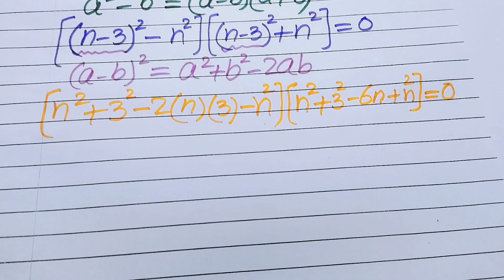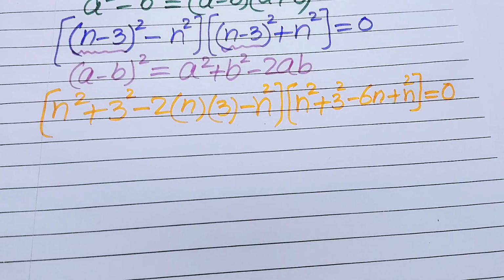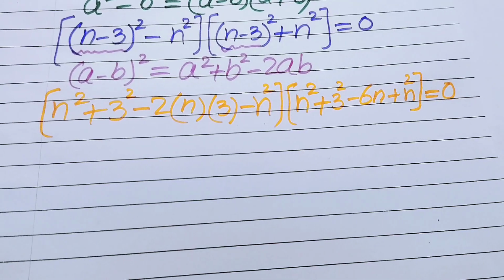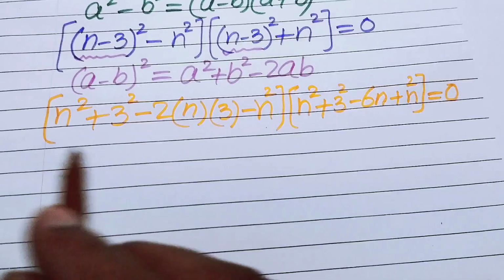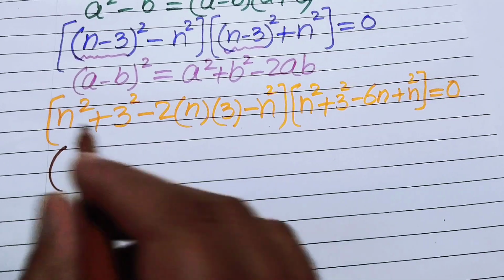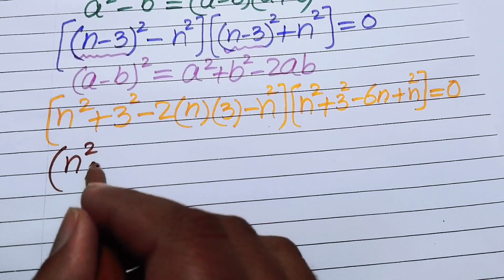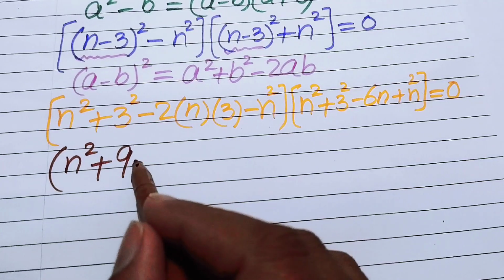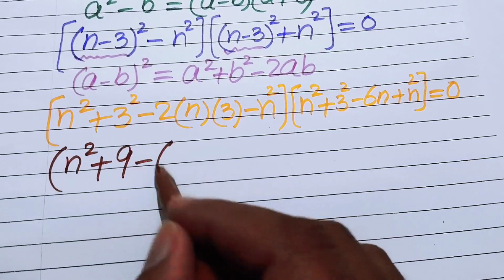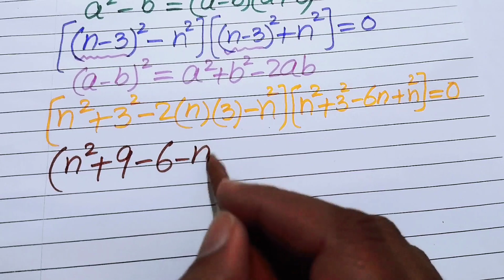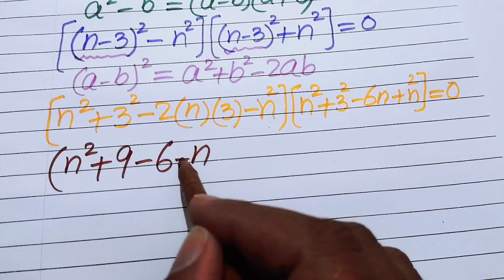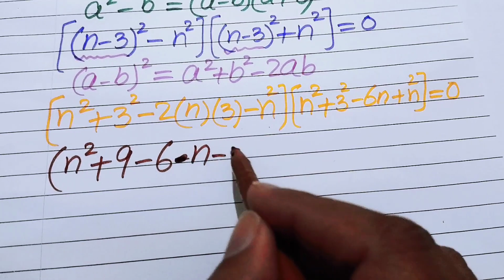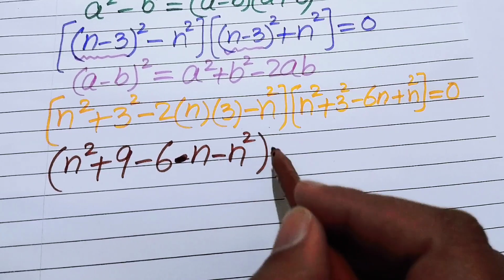In the next step we will make a little bit of simplification here, and we write these factors as n squared plus 3 squared equals 9, and 3 times 2 equals 6, so we have minus 6n, and we have minus n squared.